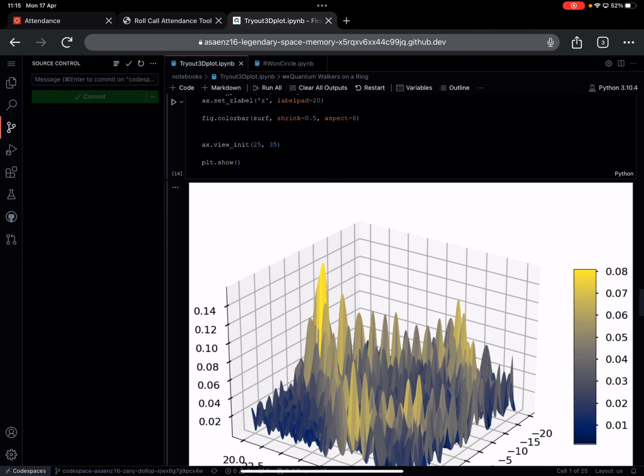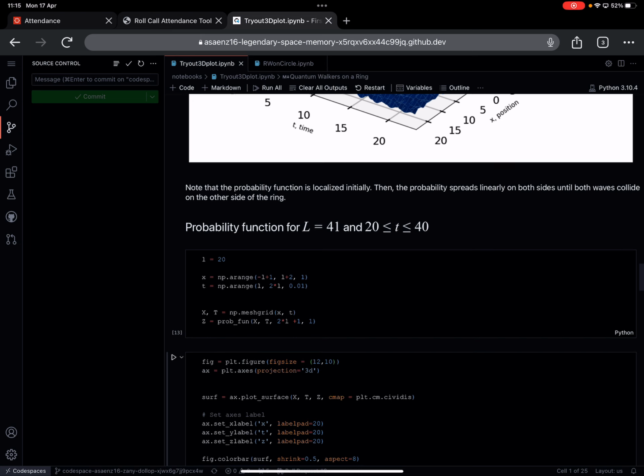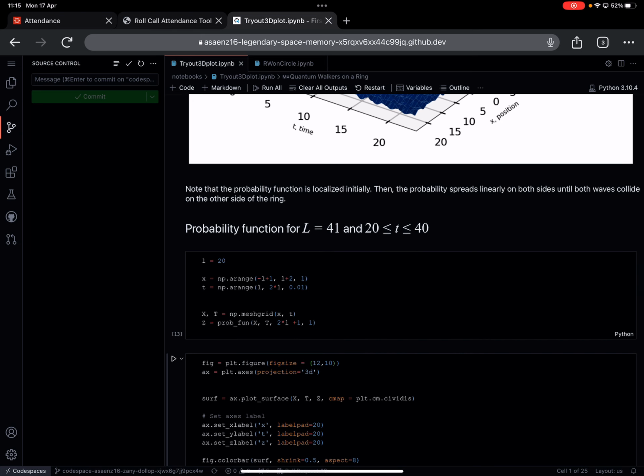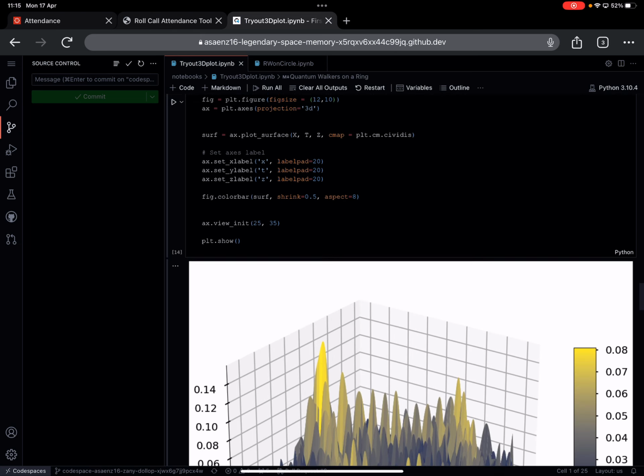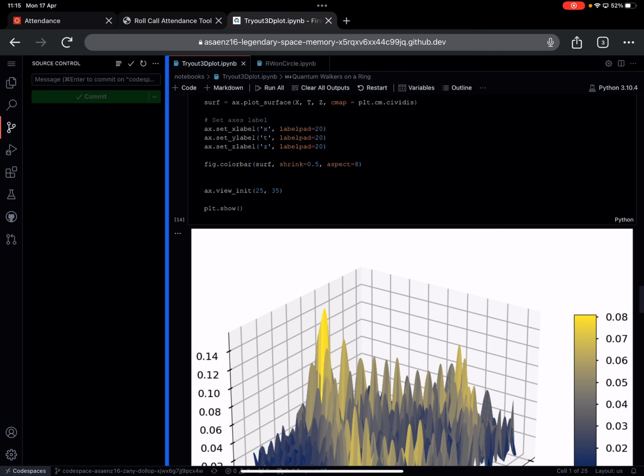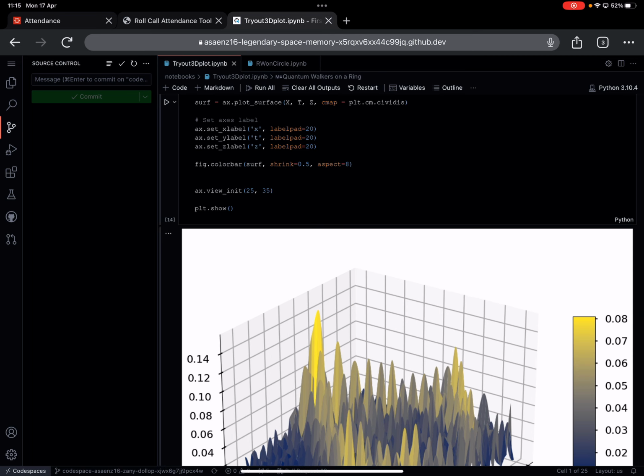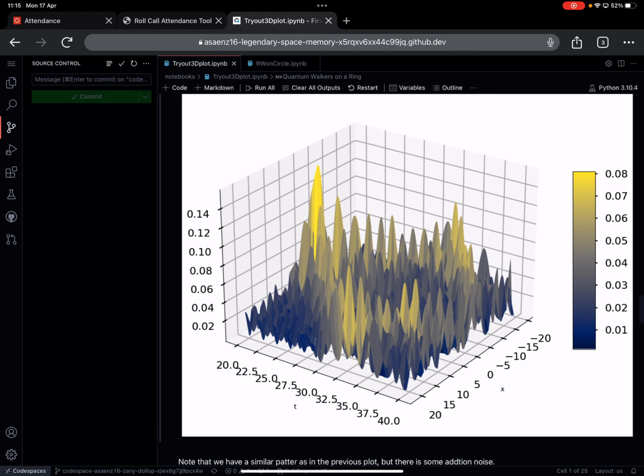And here, I increase time to 20 to 40 seconds, or actually it's unitless, and h bar is equal to 1, so take that. In here, we see that it keeps fluctuating, and there are areas of high probability and areas of low probability.